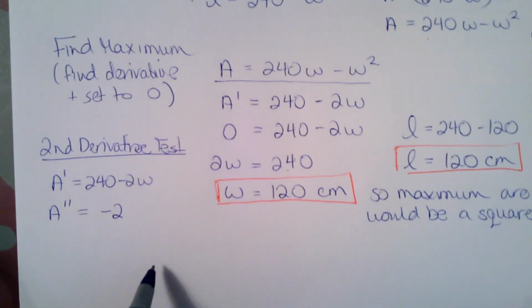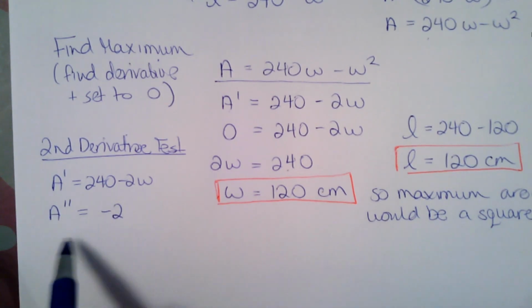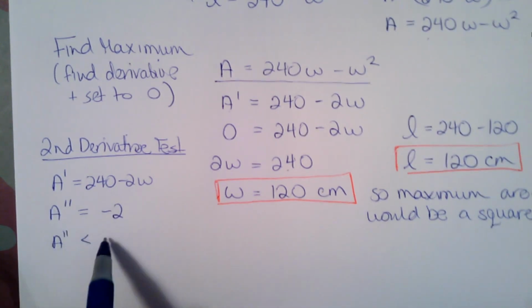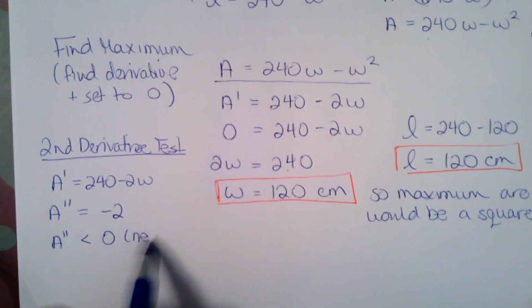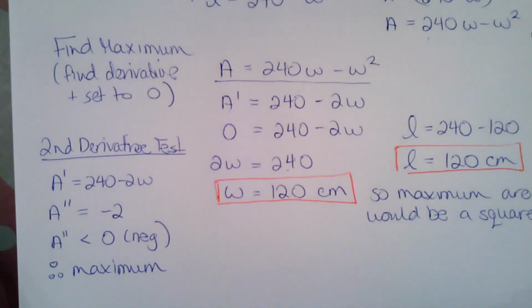I get -2. So I don't even have to go about subbing in w because there is no w. I can see that the second one is negative, and if the second derivative is negative, then I know I have a maximum. So quick check, yes, I do have the maximum.